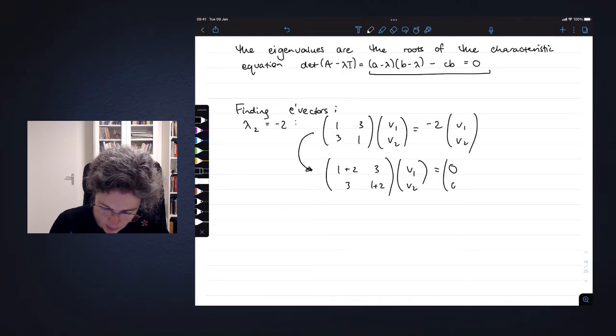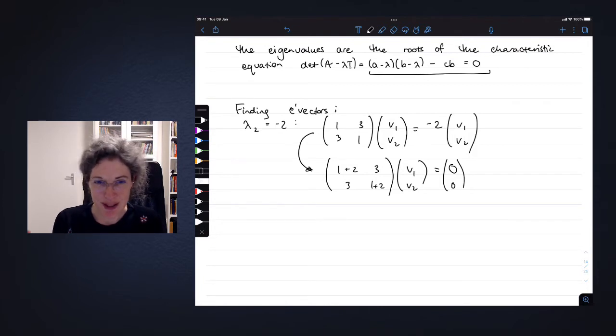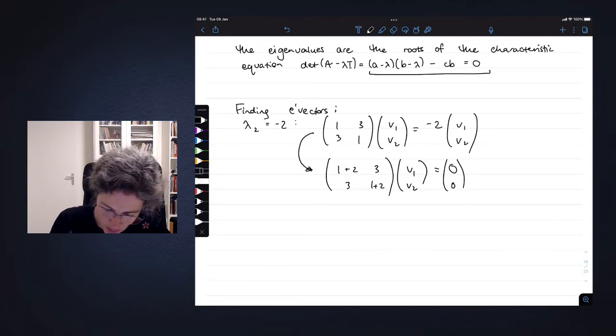Okay, so again we've got two equations and 2 unknowns. Let's just write out the equations. So we've got 3v1 plus 3v2 is equal to 0. That's our first line, and our second line will also be 3v1 plus 3v2 is equal to 0.